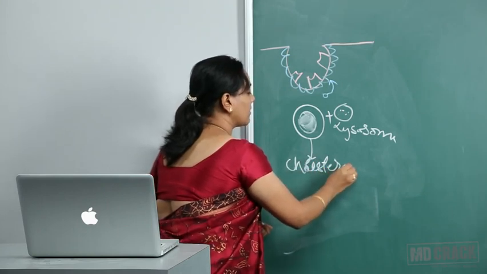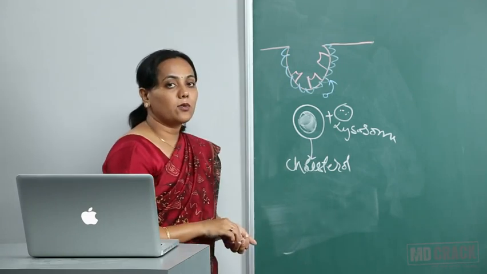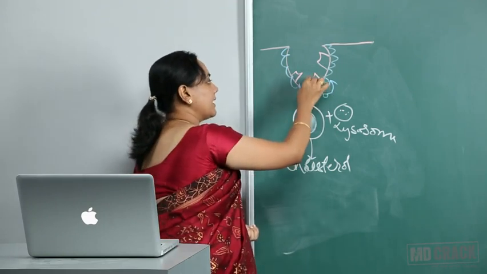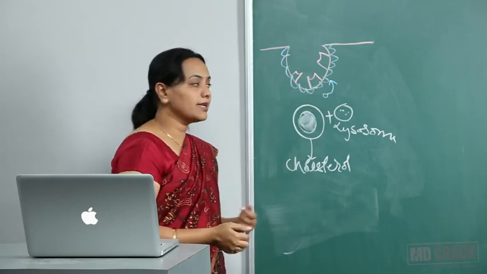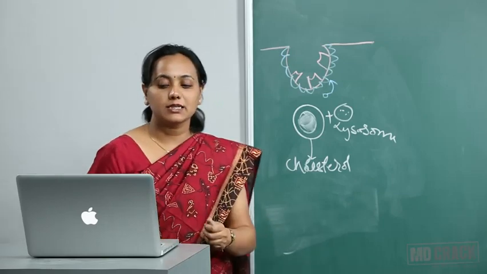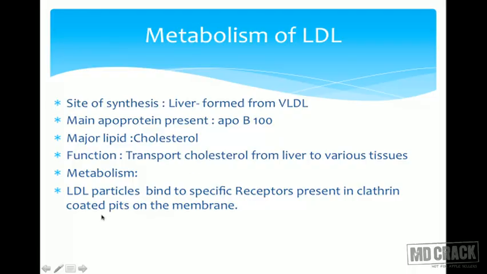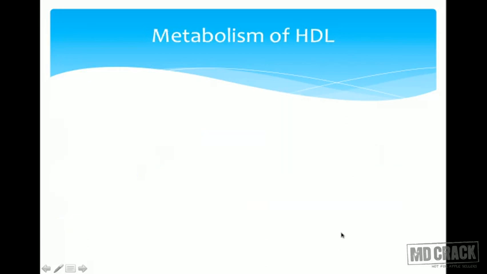This tissue can utilize it. What is important is that LDL enters the tissue by endocytosis using clathrin coated pits, with the help of binding to its receptor, that is the B100 receptor. So LDL particles bind to specific receptors present in the clathrin coated pits on the membrane and are taken up by endocytosis. So that is the importance of LDL and its metabolism.